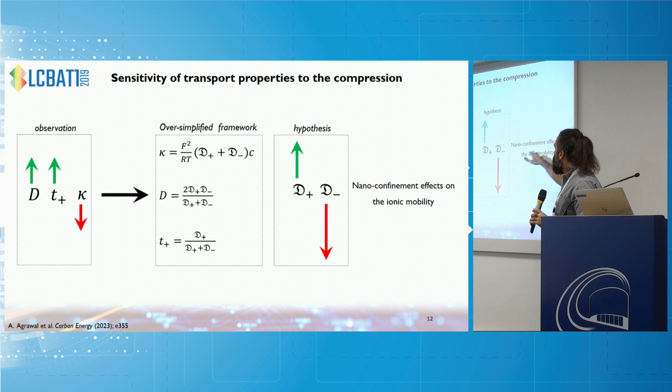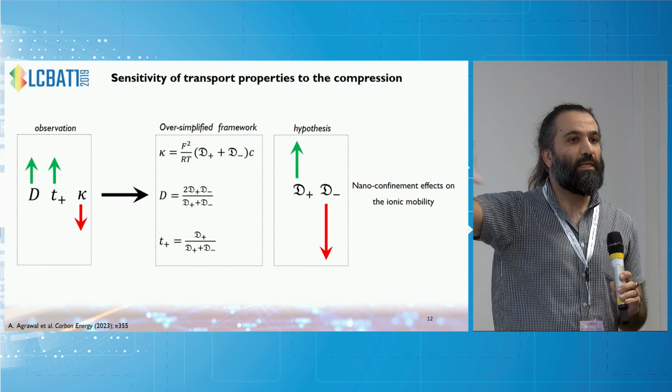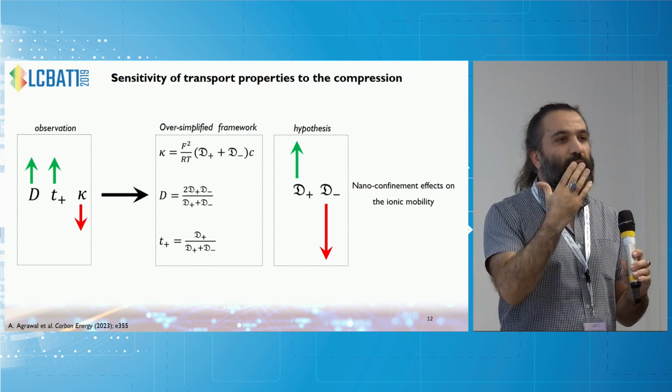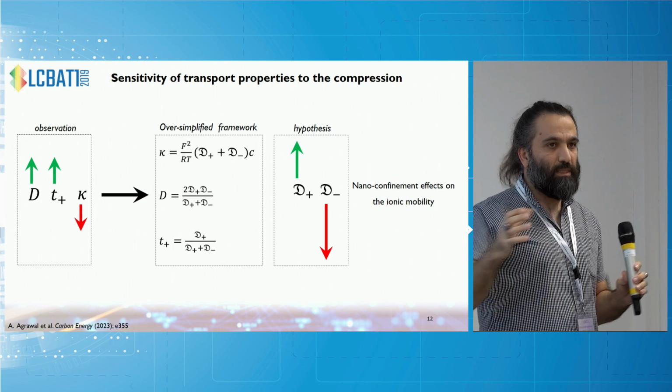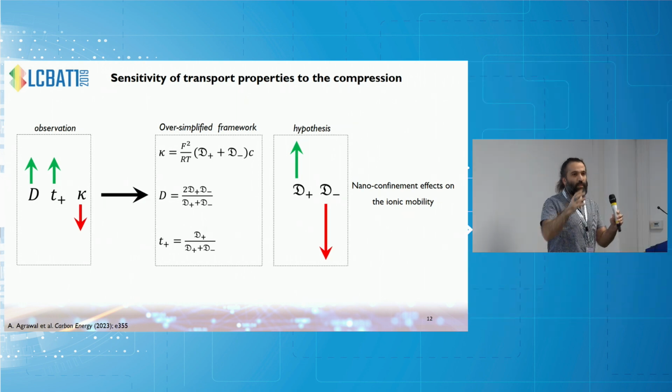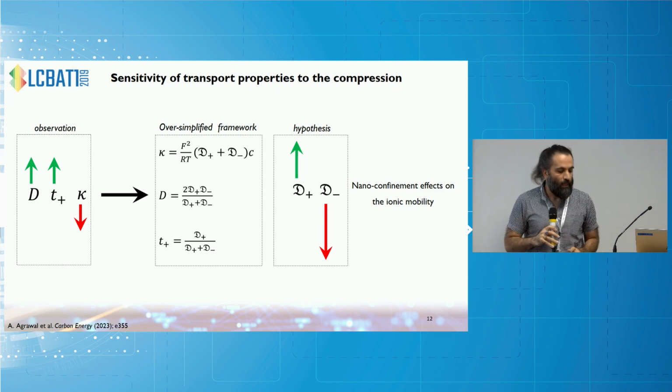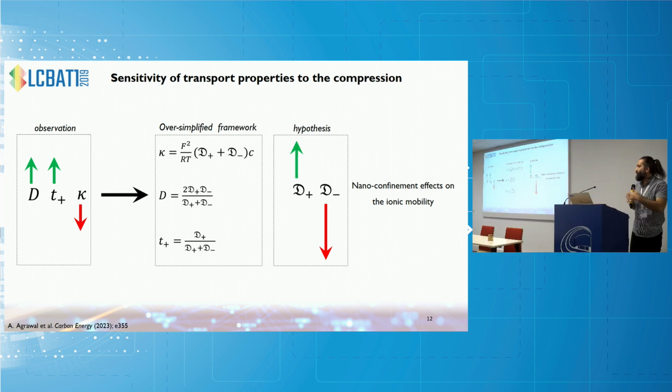That is something we can also see here and there in the experimental community, where they talk about this nano-confinement effect. When ionic liquids and lithium salt get confined in very narrow, nanometric channels, this strange, non-uniform impact on transport properties, depending on whether it is a cation or anion, has been observed.